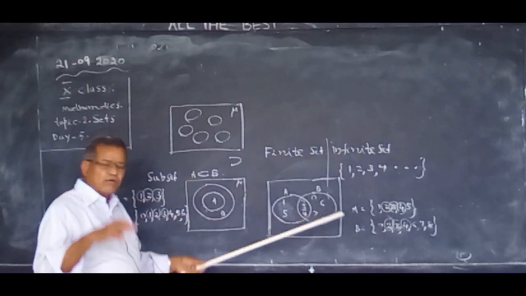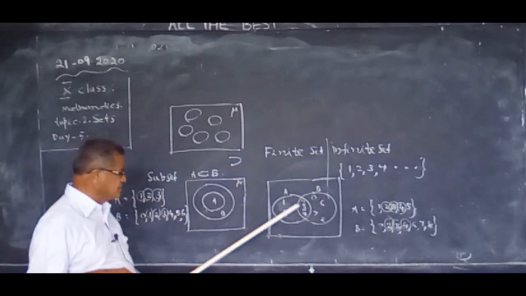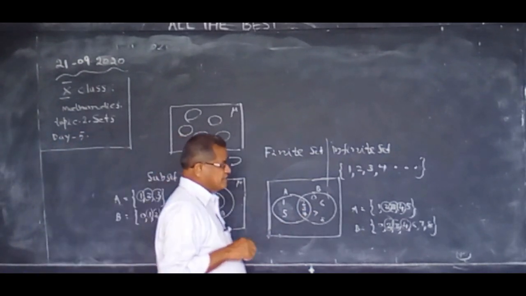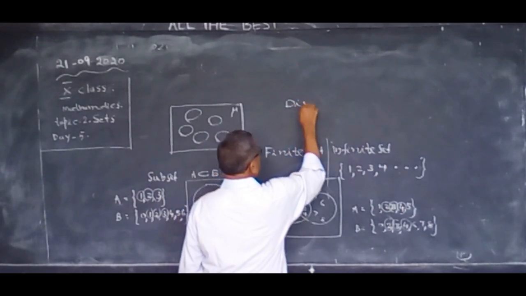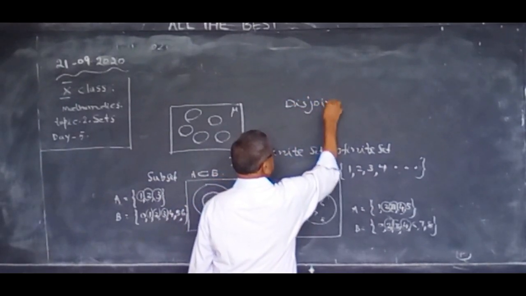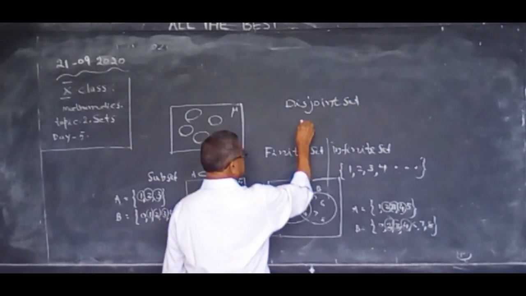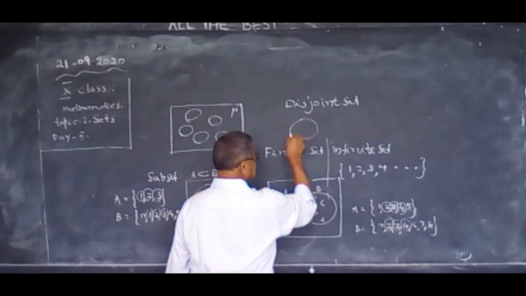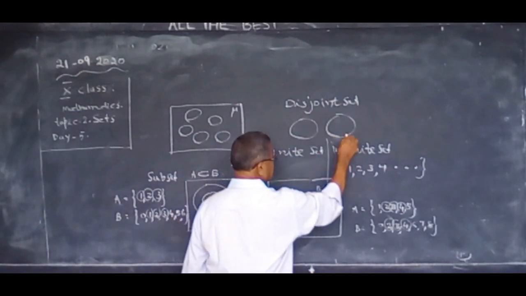If they don't have common elements, that is a disjoint set. In this disjoint set, they have no common elements. They do not intersect. They do not overlap.